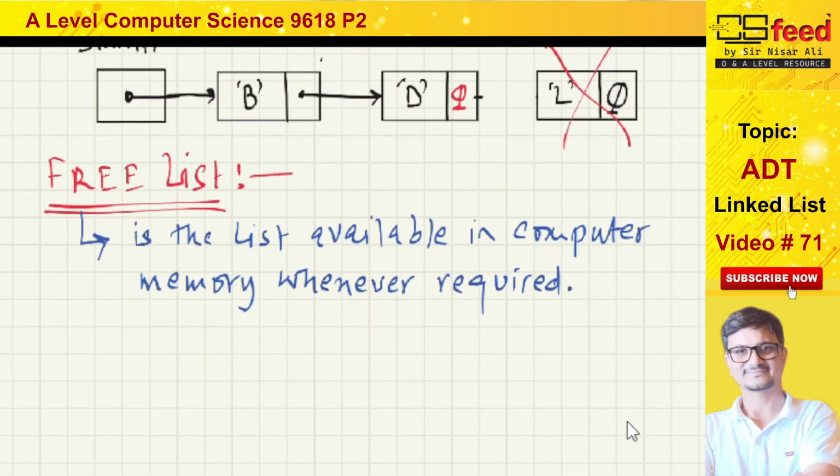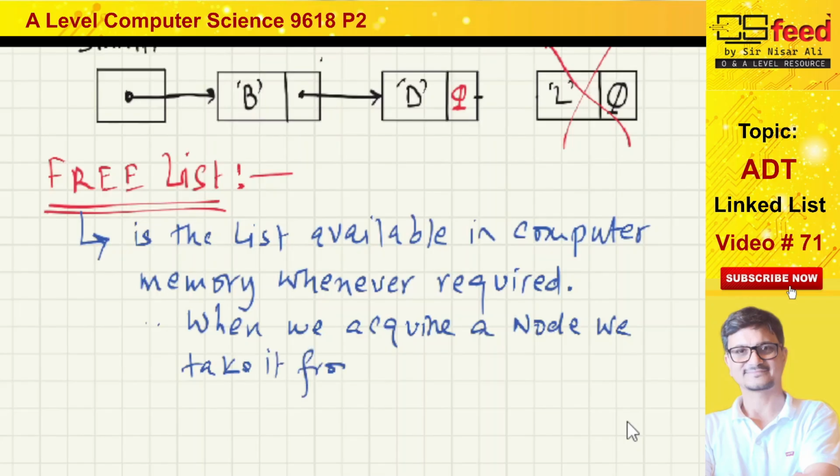And when we acquire a node, we take it from the free list.